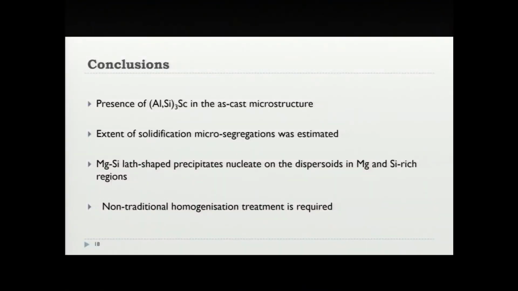Some of the conclusions from my talk: we characterized the as-cast dispersoids in these alloys. I know that to study microsegregation, atom probe is quite non-traditional, but I had the atom probe data, so I had to look if we could actually get an idea of microsegregation. But it'd be good to try to confirm that by doing some quantitative EDX or microprobe type measurements.